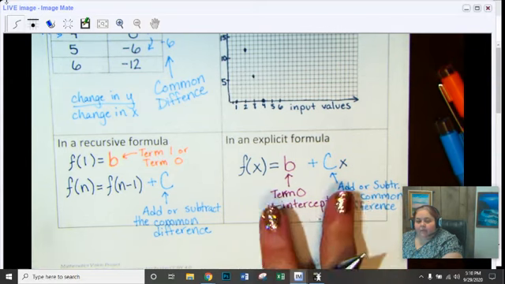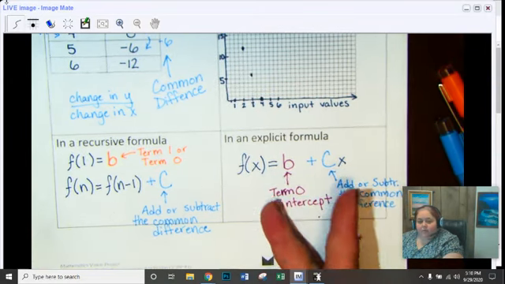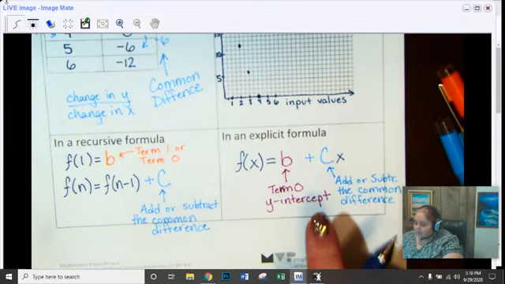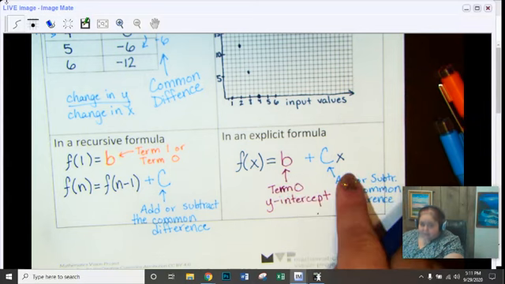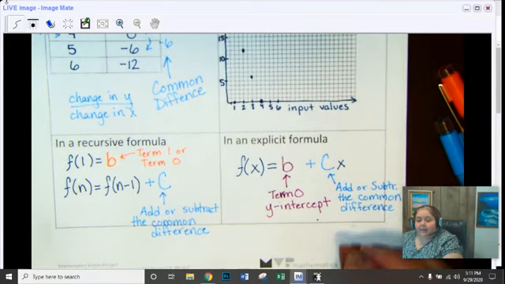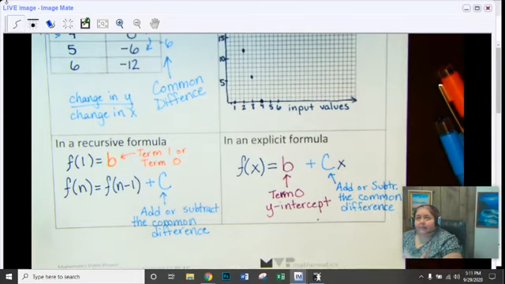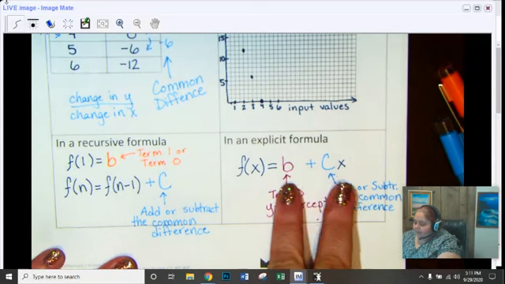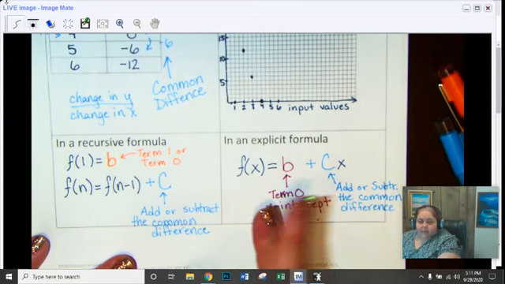Now, a lot of you have seen the slope-intercept equation written with these two terms switched. So you've seen it as cx plus b or mx plus b, and those are completely appropriate. They're the same. Addition is commutative, which means that you can trade places.